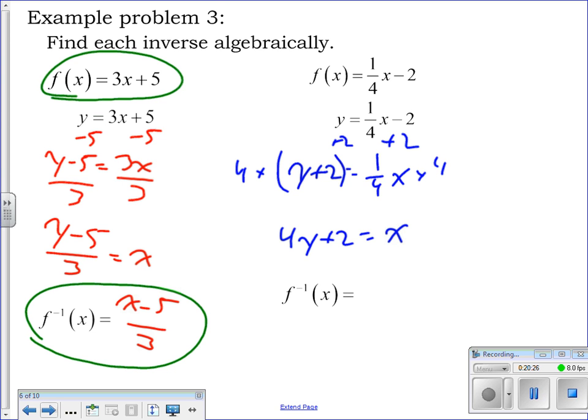That means my inverse is 4 times x plus 2. Not difficult, but it's easy to get confused.